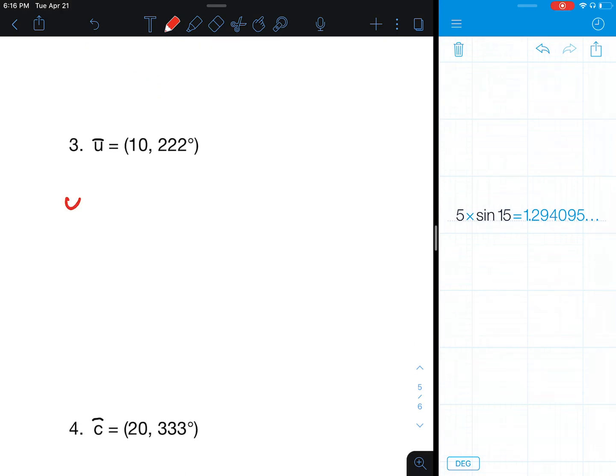Number 3, in component form, it would be the radius times cosine of 222 degrees, followed by the radius times sine of 222 degrees.